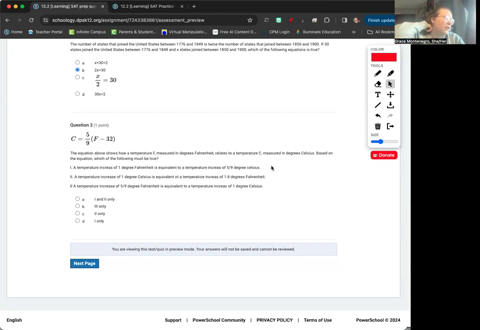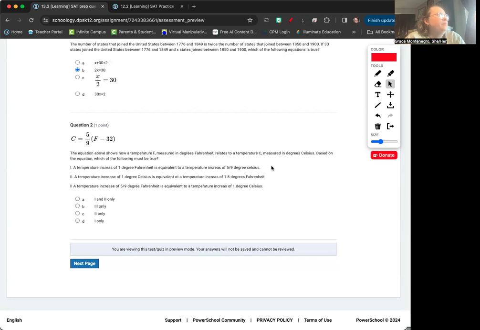Multiplying by a fraction makes numbers smaller. If you were going the other way, you would add 32 to Celsius, or maybe you'd multiply first. You'd multiply by 9/5, which makes it bigger because that's an improper fraction, not a true fraction, and then add 32.